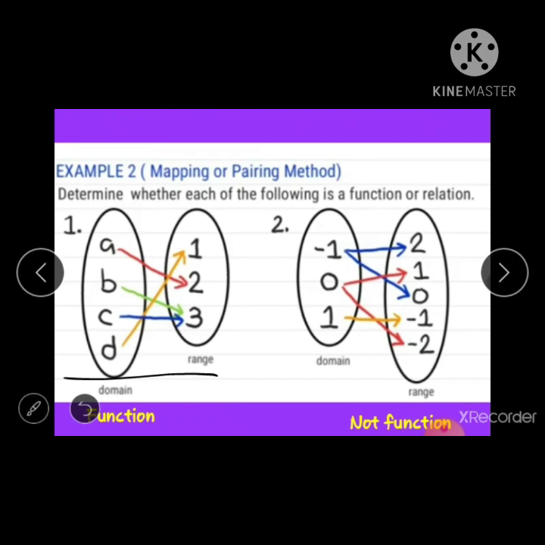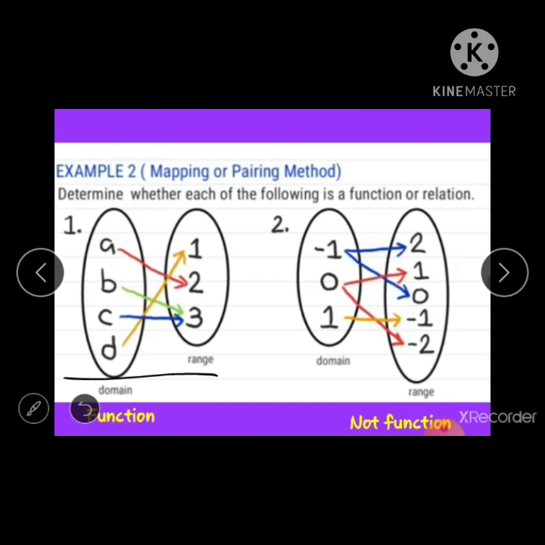So obviously, example 2 is not a function. So using the mapping and pairing method, just look at the arrow coming from the domain, which should be exactly one only. If it is twice or more, it is not a function.